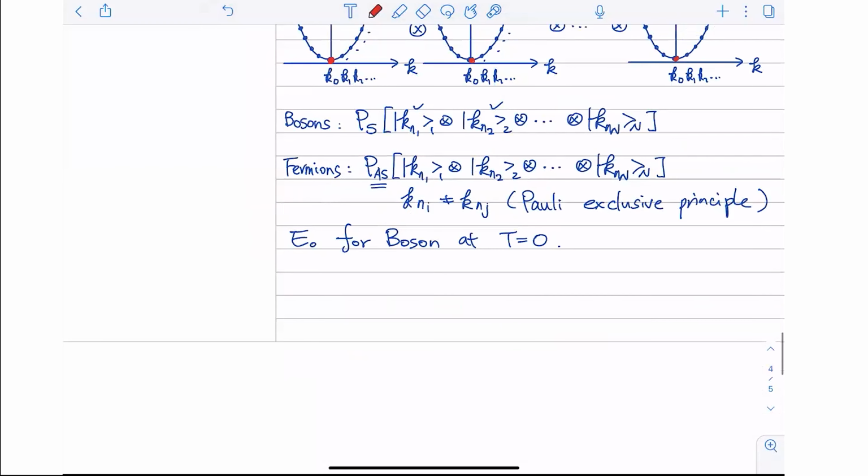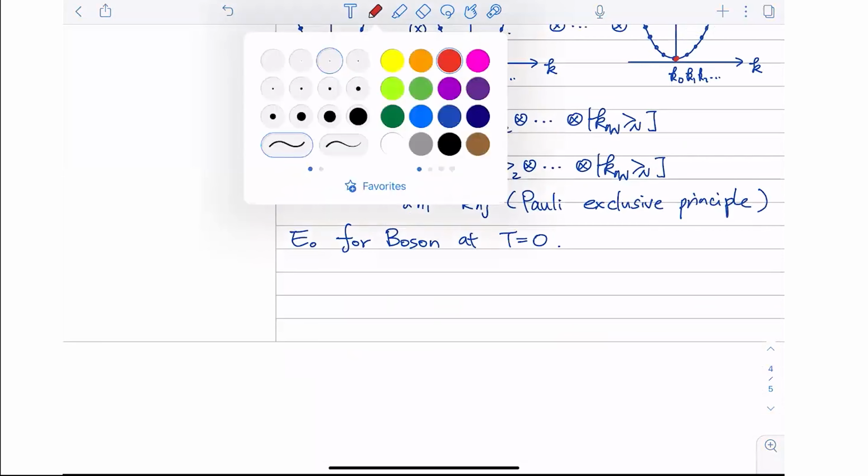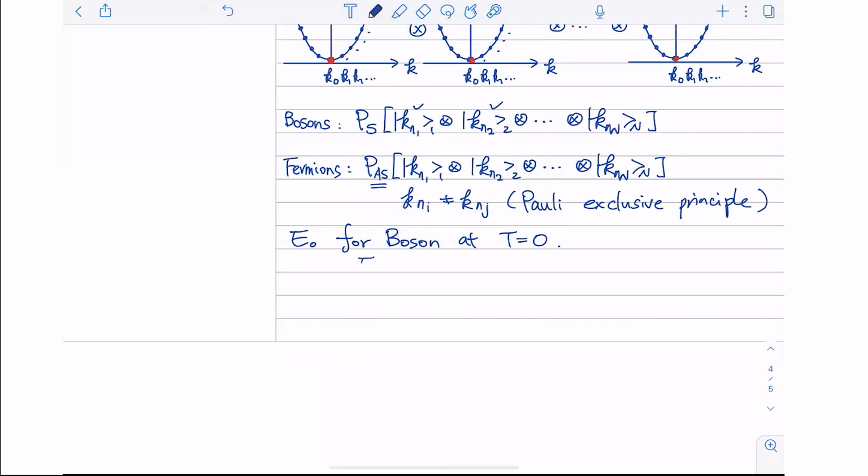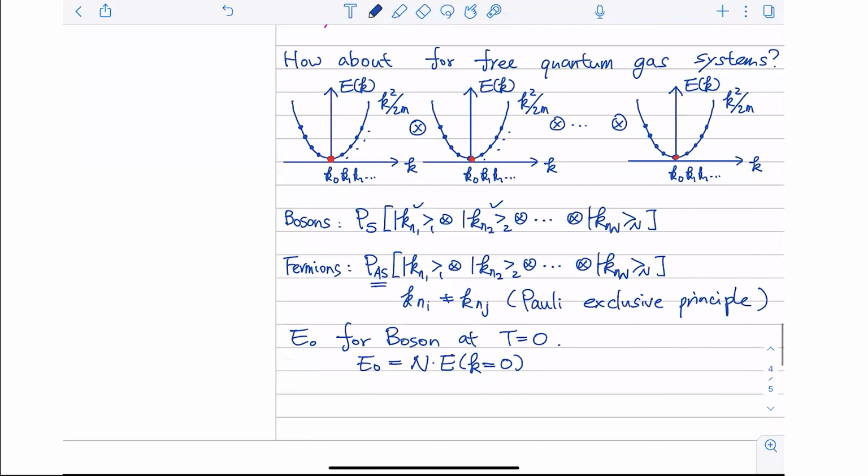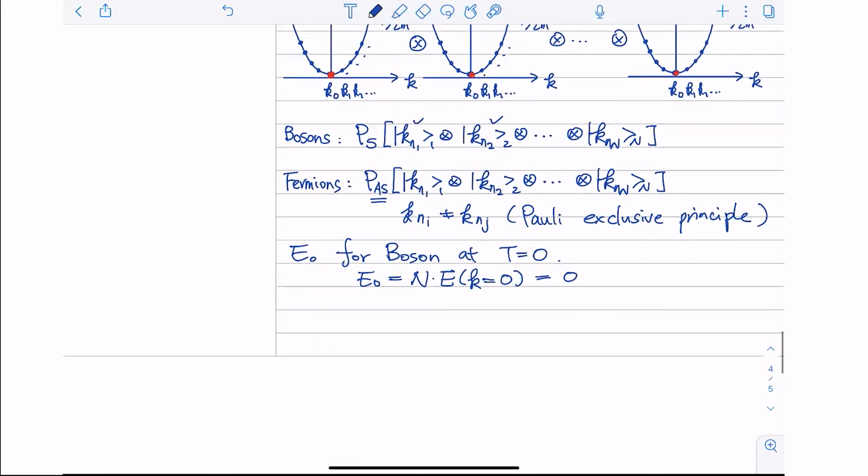So for bosons, the ground state energy is simply the number of particles times the energy at k equal to 0. Okay, and for this particular dispersion, it will be 0, and the wave function is just symmetrized.